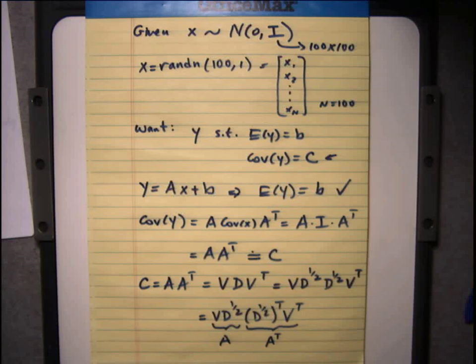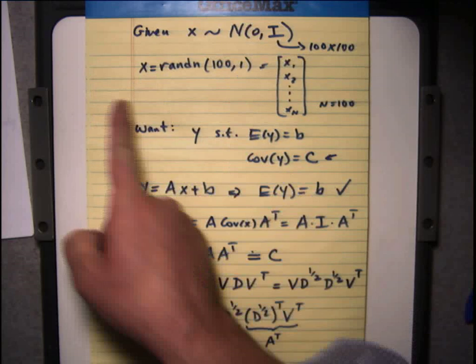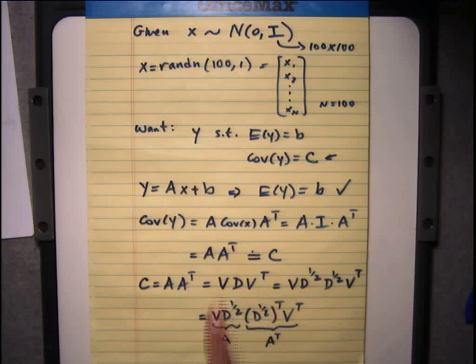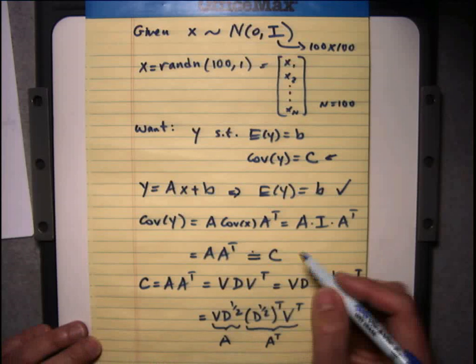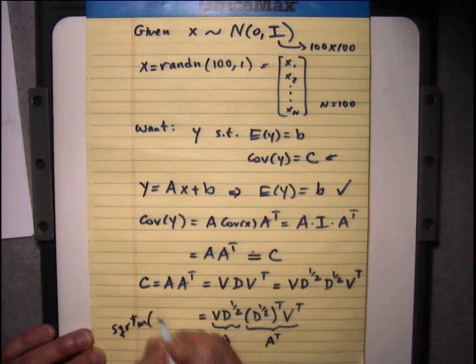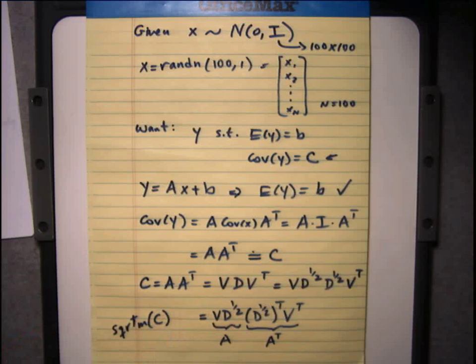So the steps would be, you do this in MATLAB, then you say y equals Ax plus b with A defined this way. By the way, another way to find this A in MATLAB is you can use a function called sqrtm of C. This is called the matrix square root.